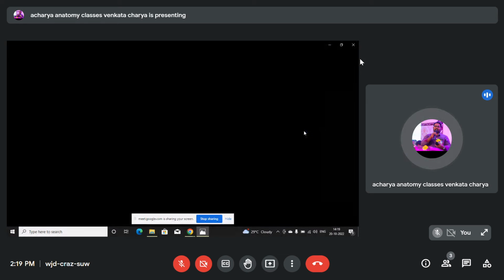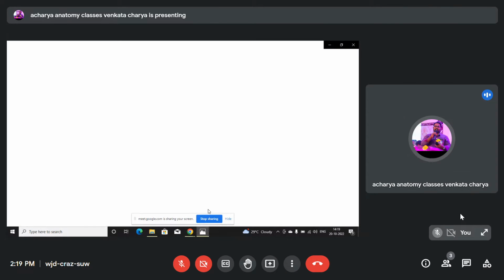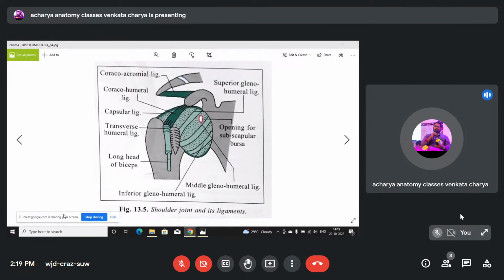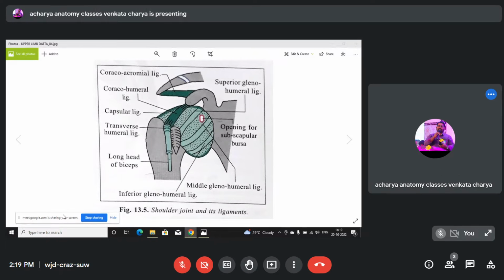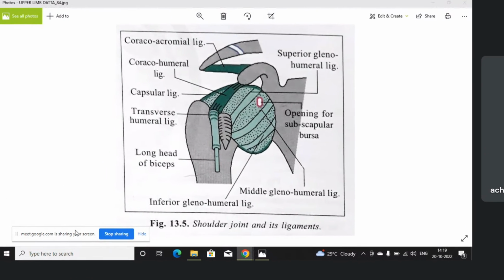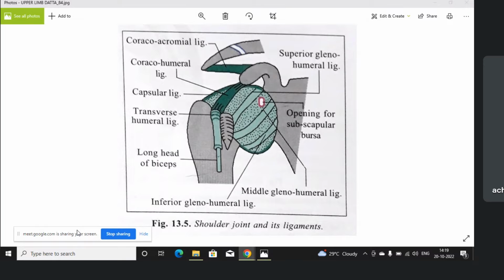Shoulder joint is a 10 marks question. Shoulder joint is a ball and socket variety. It is a multi-axial joint.